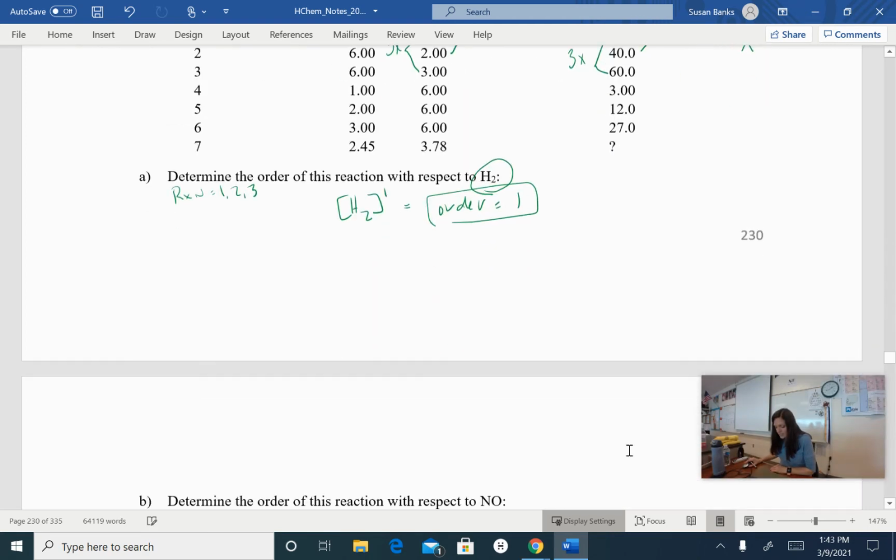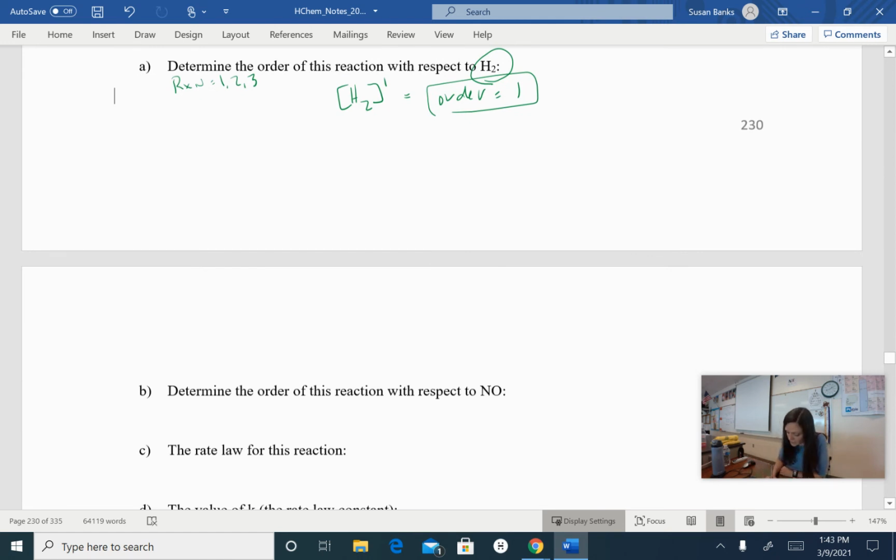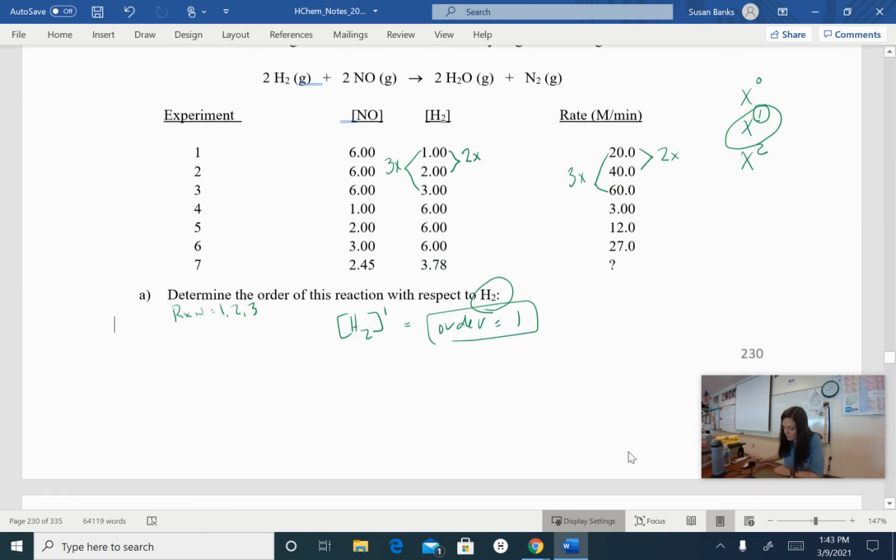So I need to look at trials 4, 5, and 6 because my hydrogen is constant.